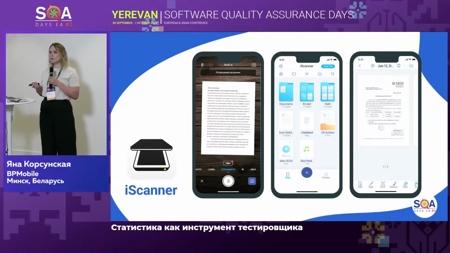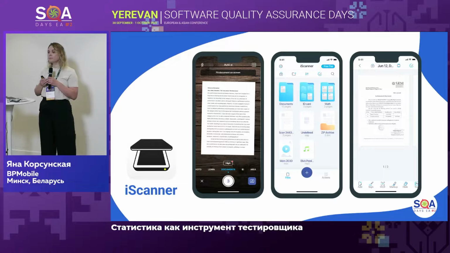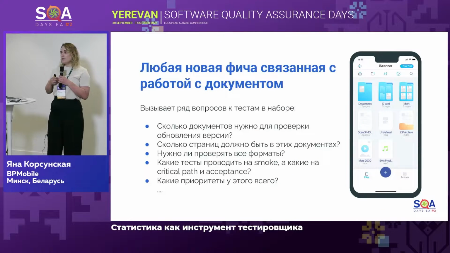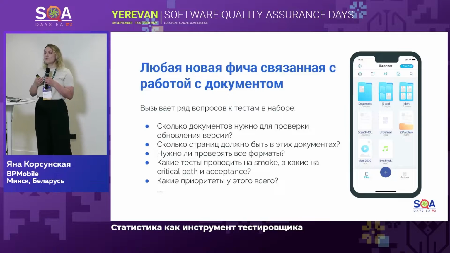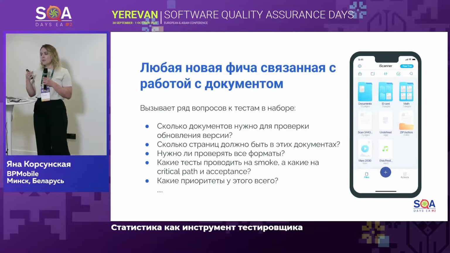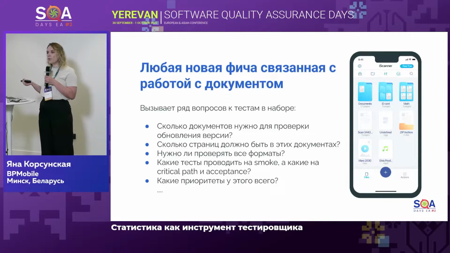But here our sets don't end. We have a number of other suites for regression testing, for version updates, and so on and so forth. And we can come across a question: how many documents do we need for this app? How many documents do we need to test using regression testing?